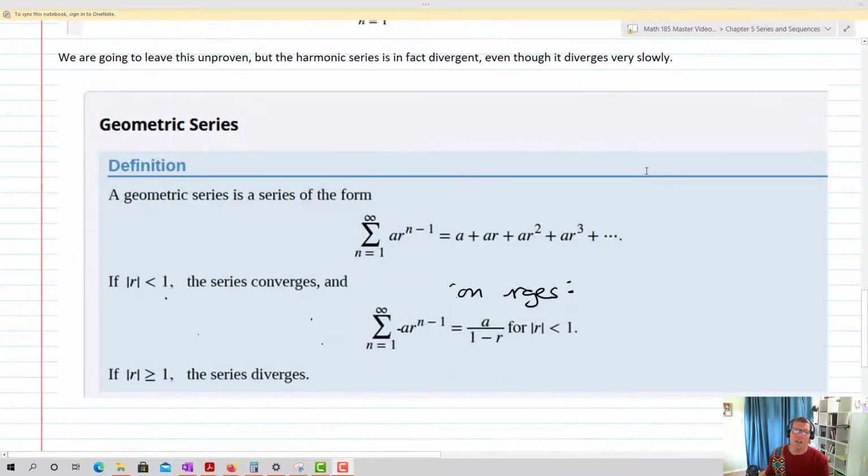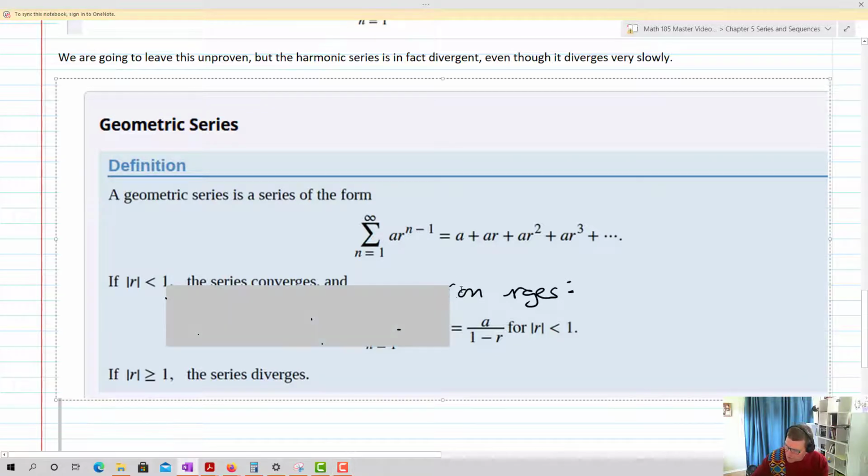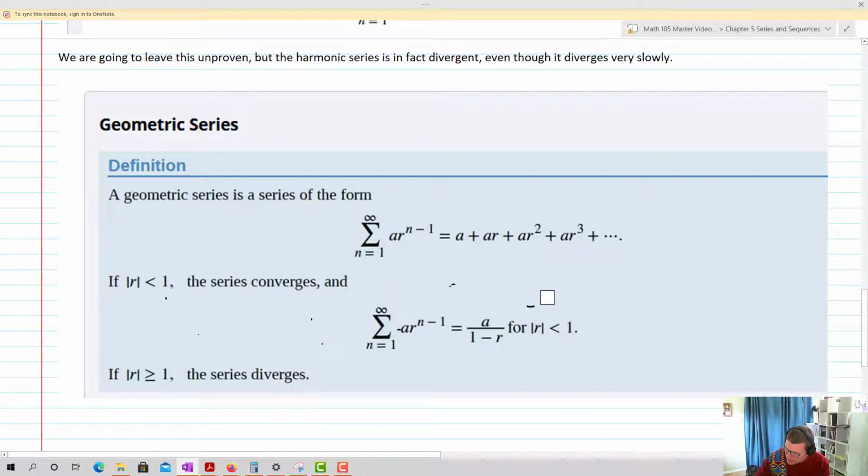And the second one that we're going to look at is the geometric series. A geometric series is a series of the form n equals 1 up to infinity of a times r to the n minus 1, where the sequence of values inside of the series is in fact a geometric sequence. We're going to have some rules for whether or not this series converges.